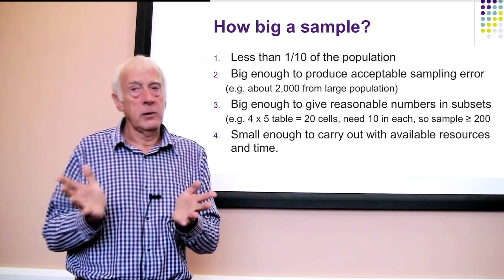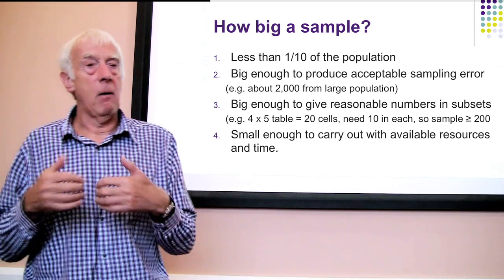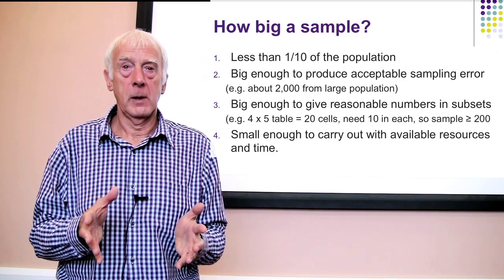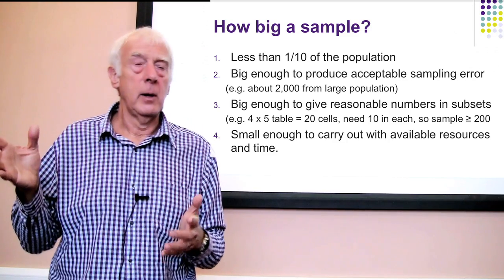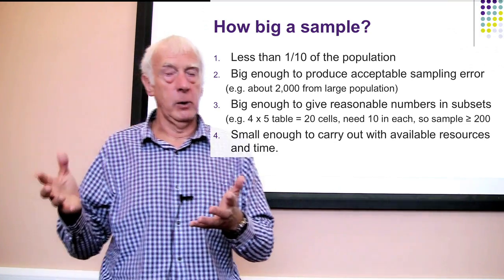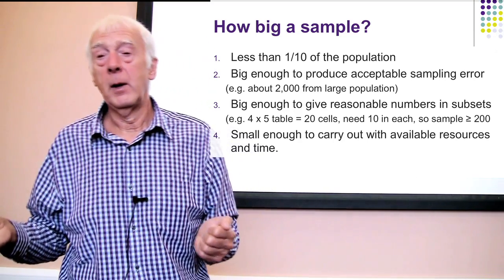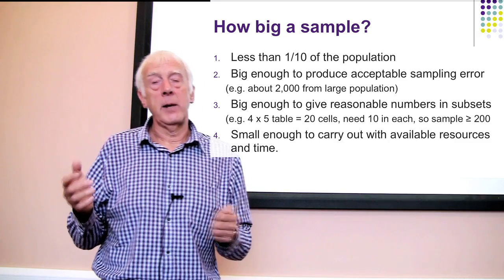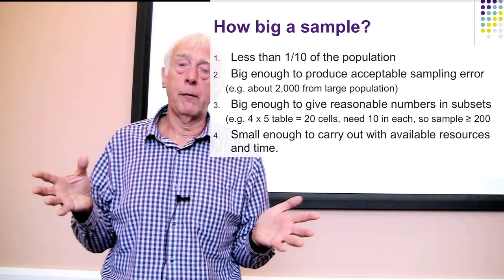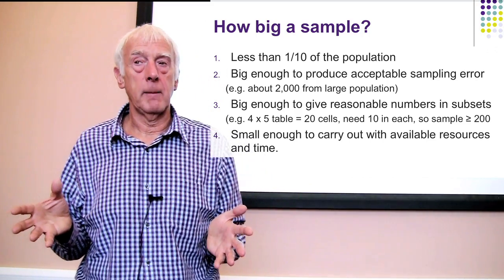And using some calculations, you can work out how big a sample you need to minimize that sampling error. Now that depends upon how much variation there is in the population. So if there's a high variation in the population, you need a bigger sample. And it depends on, obviously, the population itself and the sample size you take.